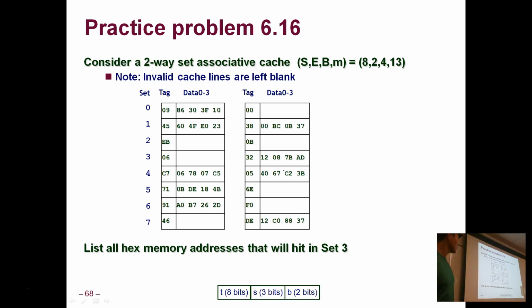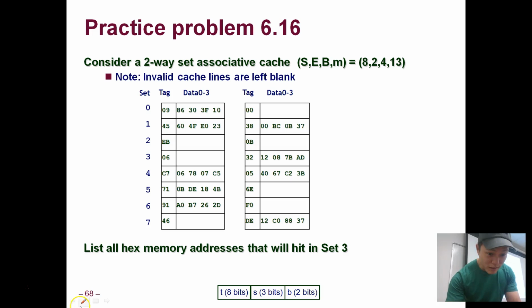Here's another form of the question that I really want you to do: list all of the hex memory addresses that will hit in set 3. So you're going in the opposite direction now. Now you're given the tag.